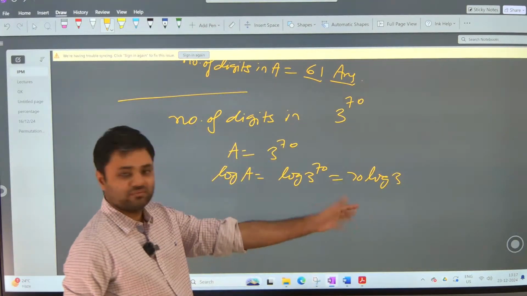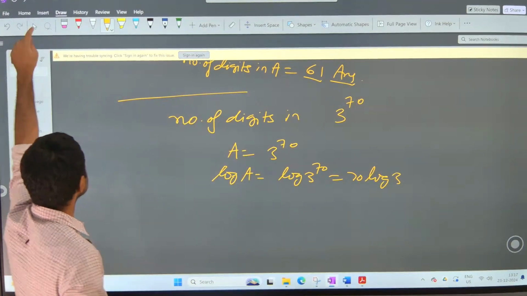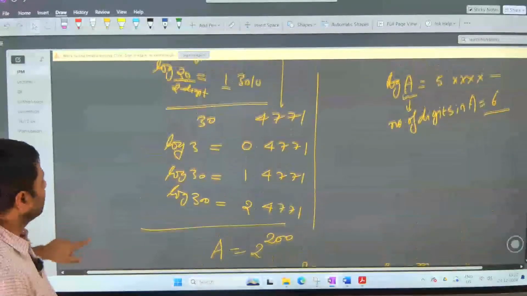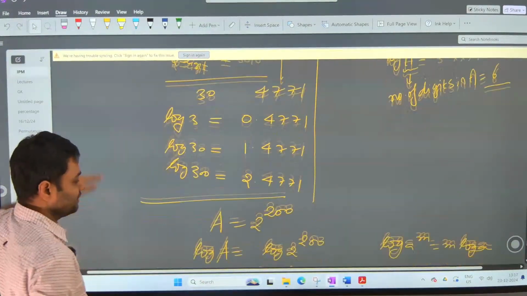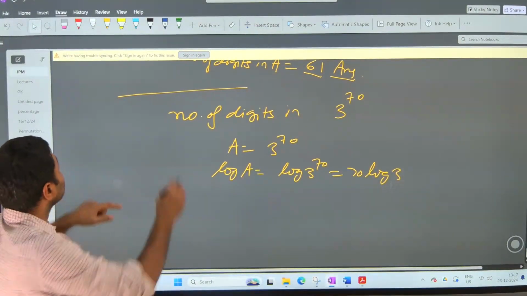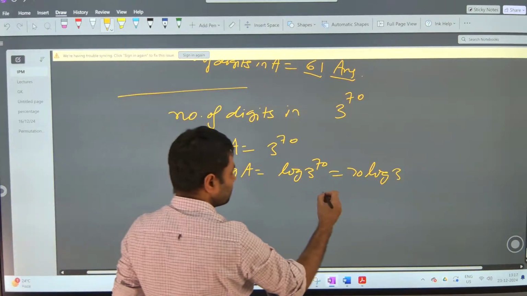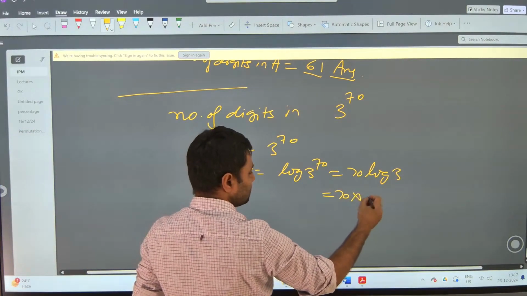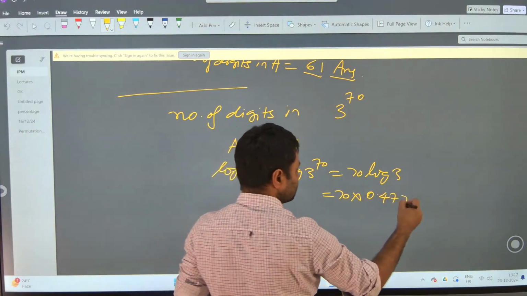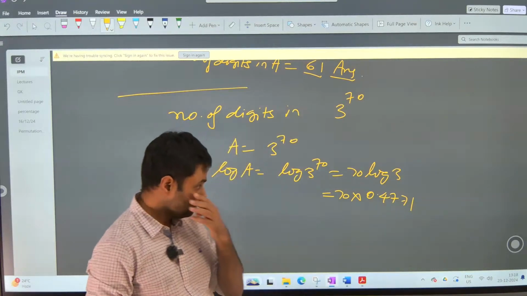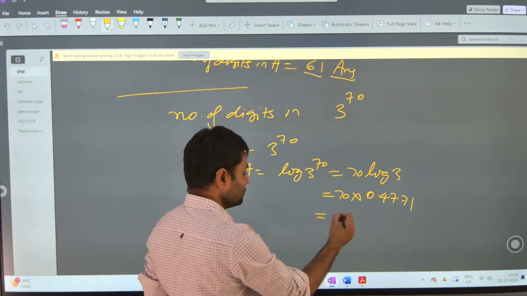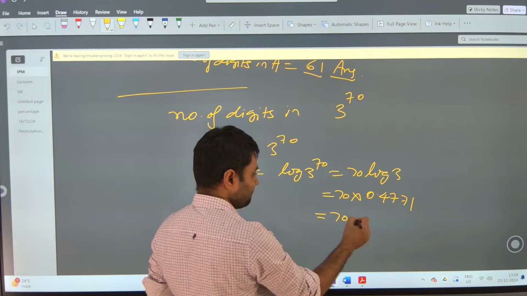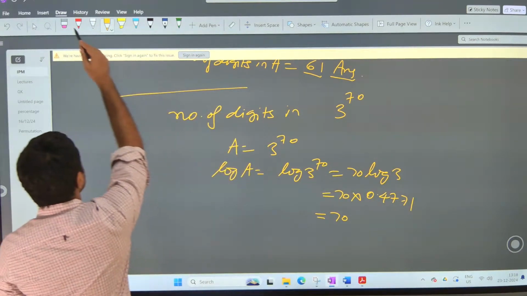Now we need to find the value of log 3, which we have discussed in this video: log 3 is 0.4771. So 70 times 0.4771, right?